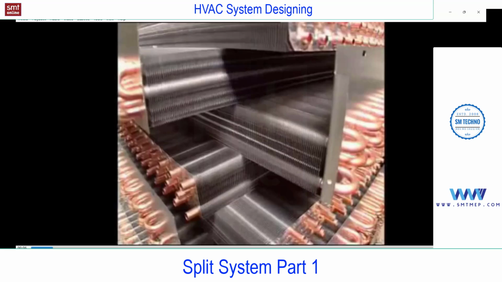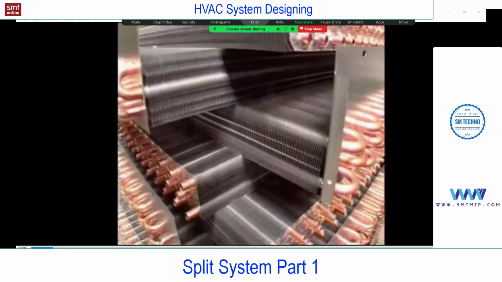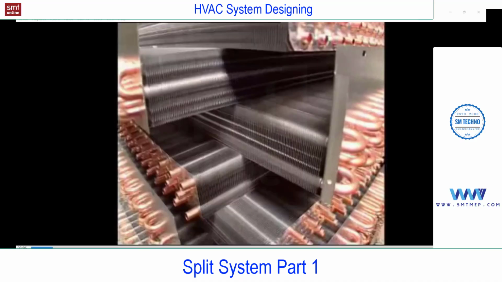In some models, you will find copper tubes and copper fins, for the models which are going to be used in high humid areas. Or apart from this, in the market you'll find copper tube with blue fins, or some additional coated fins, which is used to increase the life. Because if you talk about this heat exchanger, the same heat exchanger we can use as a condenser in the outdoor unit.